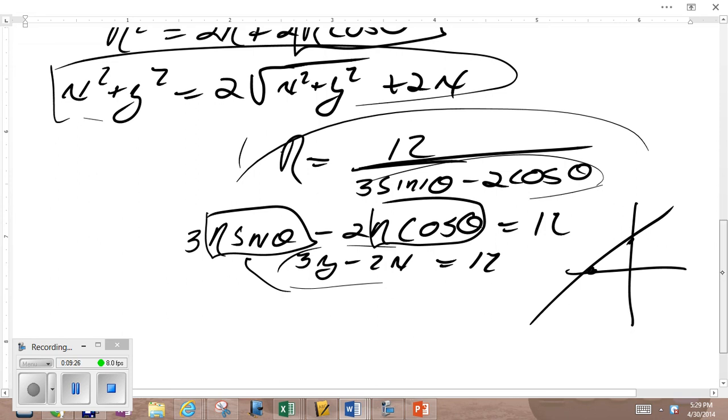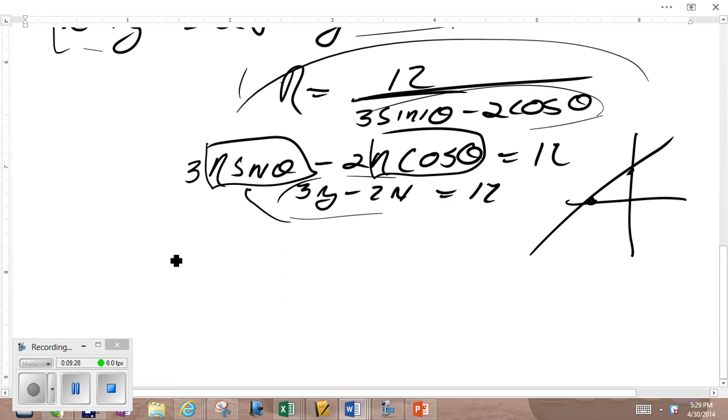Let's look at one more here. I know people had issues with something that looked like, I think it was the double angle identity. We'll look at r equals 2 cosine of 2 theta.